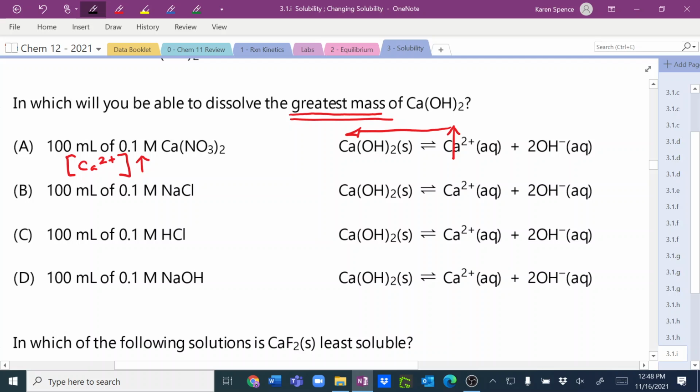So this has a lower solubility. So you would not be able to dissolve as much calcium hydroxide in a solution of calcium nitrate because there's already some calcium in there.